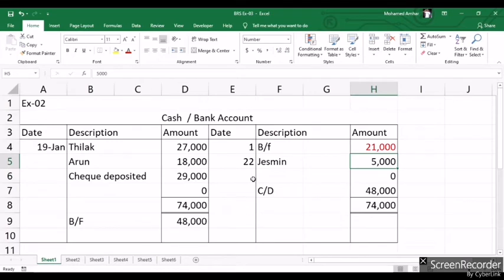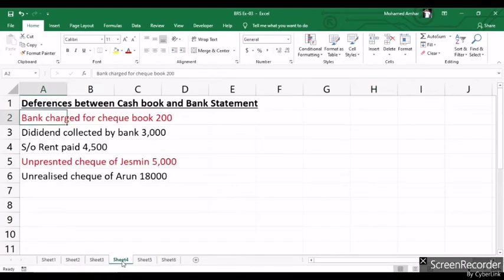So that is also a difference between the cash book balance and statement balance. So you can mention that in the differences between cash book and bank statement, that is standing order rent 4,500. Right.